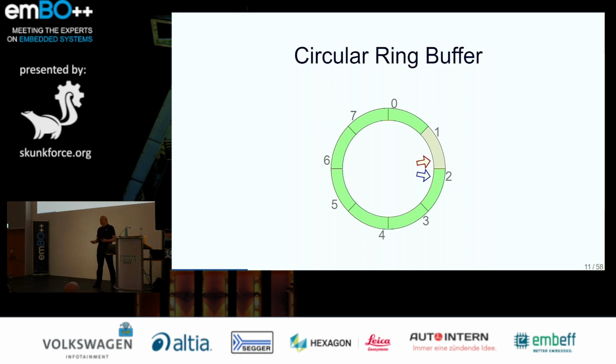That's a strange thing because there's one cell missing. But what would happen if we write to that? Then both indices would be the same, so we cannot distinguish between the full state and the empty state. Usually we try to work around that, but sometimes it's a good idea to just leave it empty.